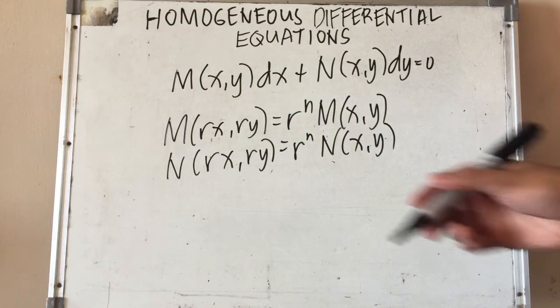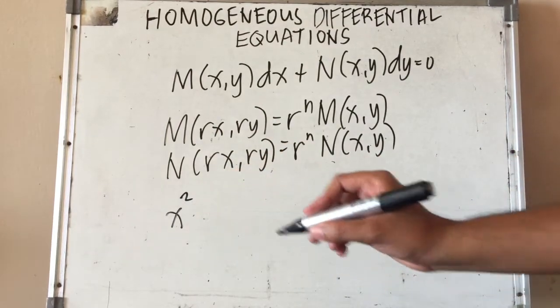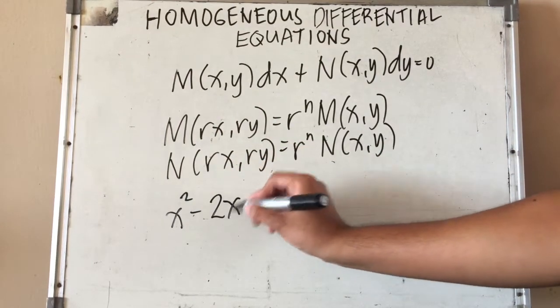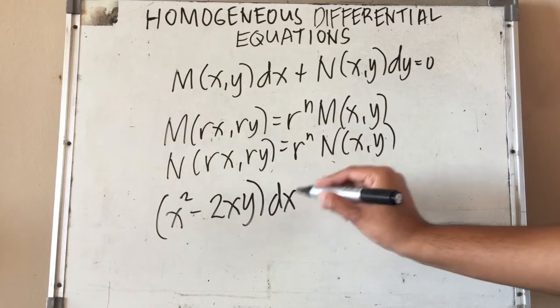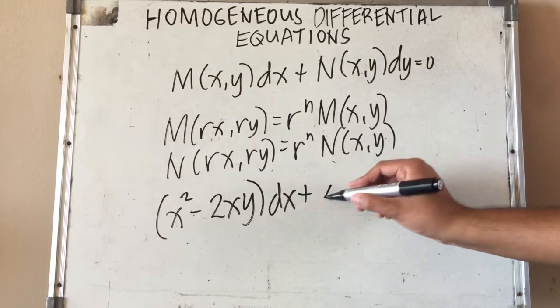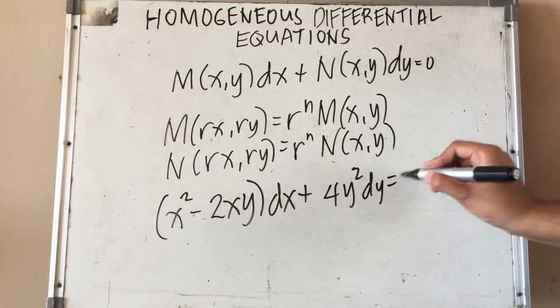So example, so we have (x squared minus 2xy) dx plus 4y squared dy is equal to 0.